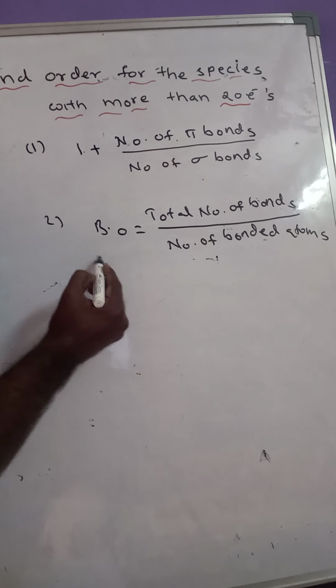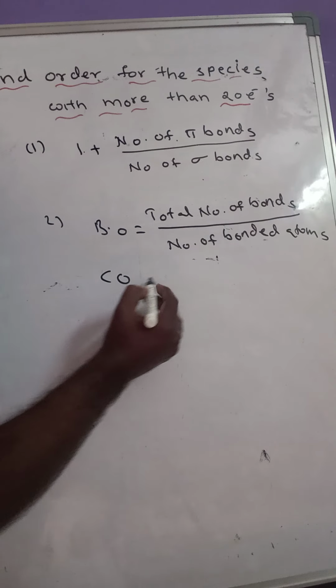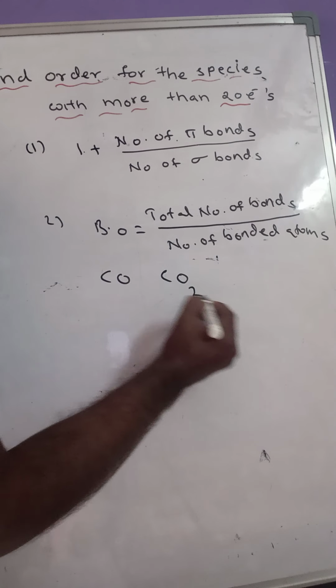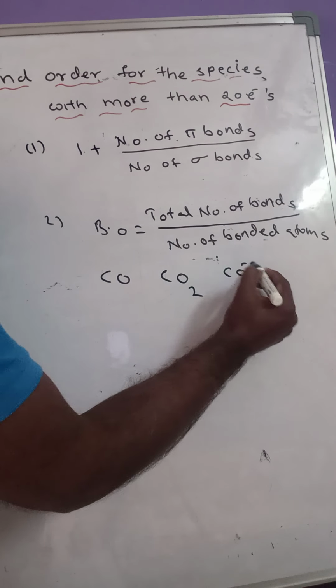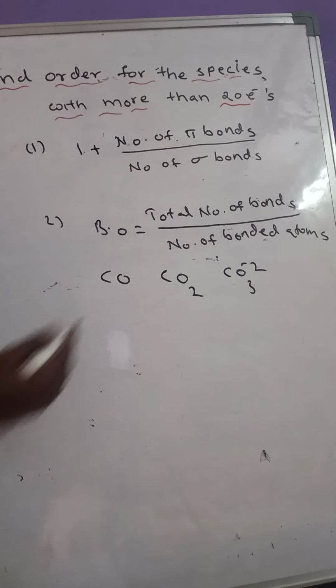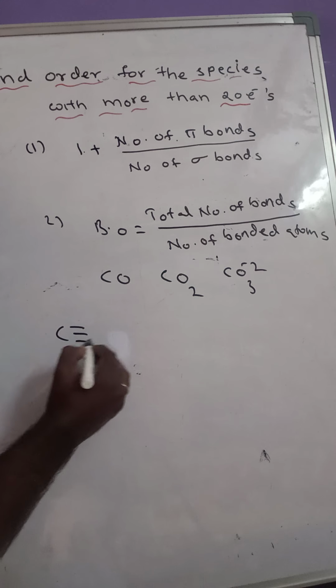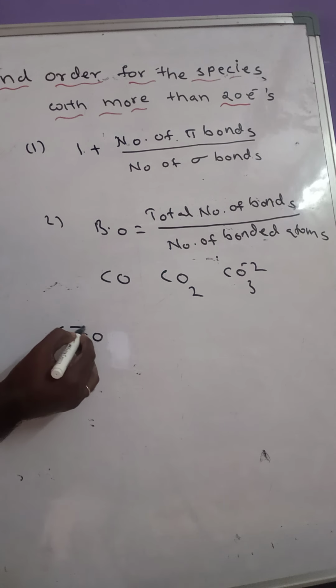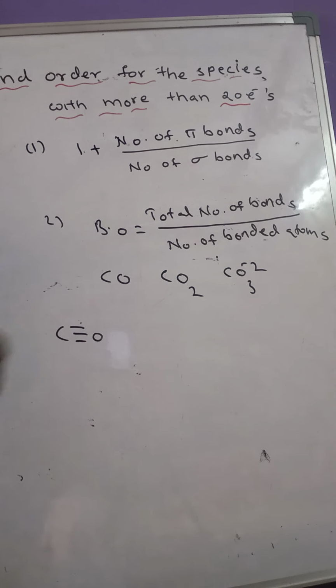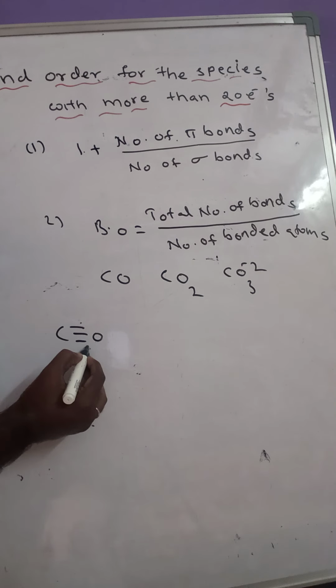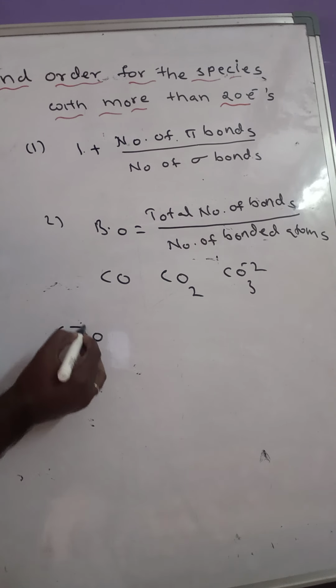Okay. Now I give another question to you. Compare the bond order among CO, CO2, CO3 2-. So first come to CO. In CO, you know that one dative bond is present, like that here C triple bond O. That means one sigma bond and the remaining two are pi bonds.